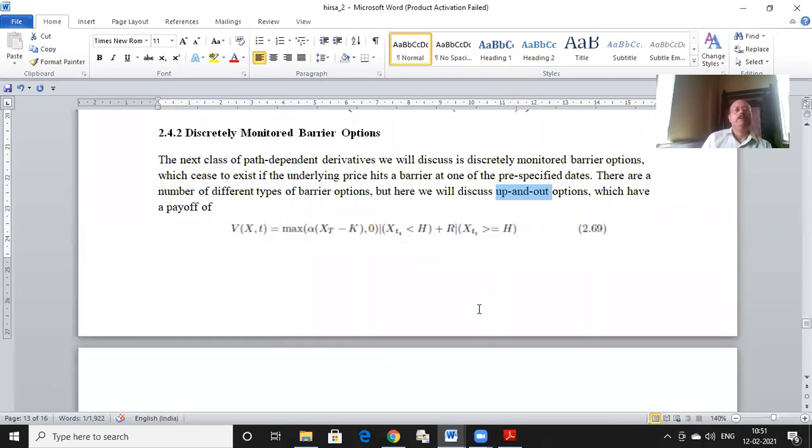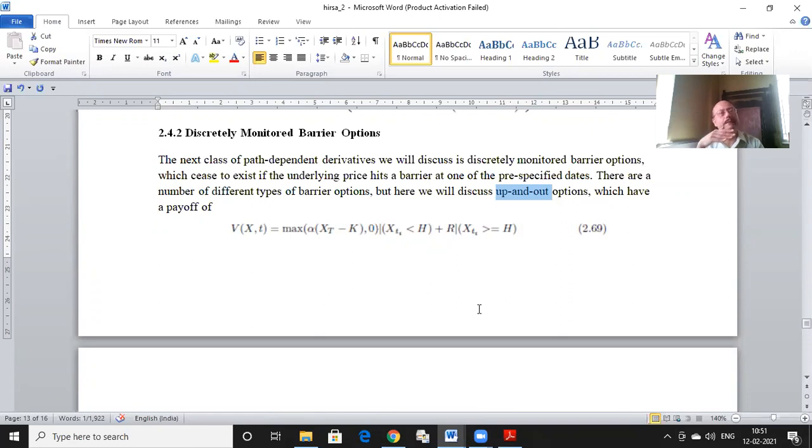Now, in the classical definition, the barrier option was monitored continuously. So it says between 0 and T, if at any point of time it crosses the barrier, it becomes worthless. Numerically, any point of time cannot be checked, and we cannot use our dynamic optimization algorithm. So we restrict ourselves to a discretely monitored barrier option.